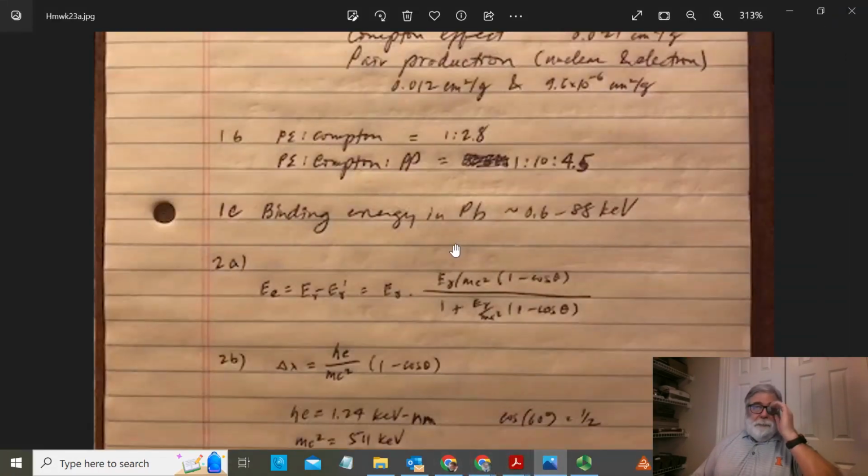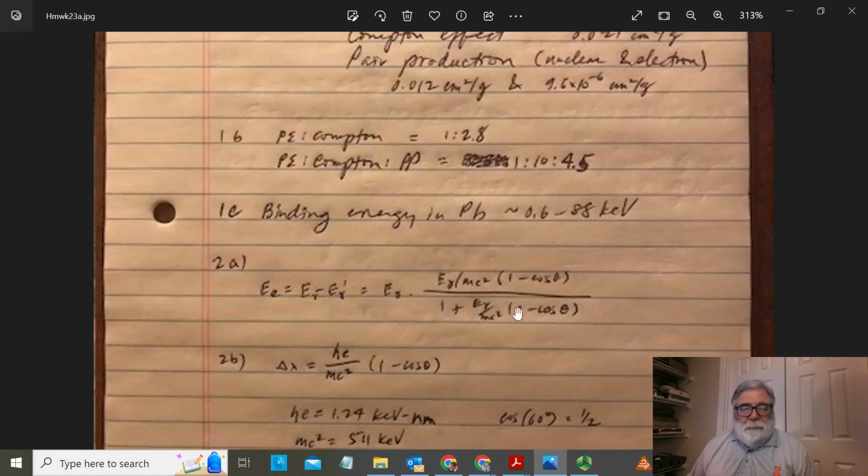If you look in the slide, I don't have the slides out right now, but if you look at the slide, the energy of the electron is the initial gamma energy minus the scattered gamma energy. And so we have a formula in the slides for the scattered photon energy in terms of the incident photon energy that is related through the scattering angle.